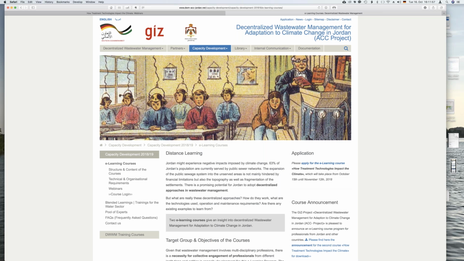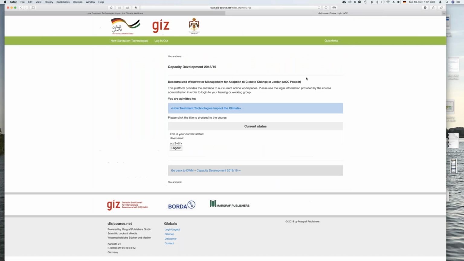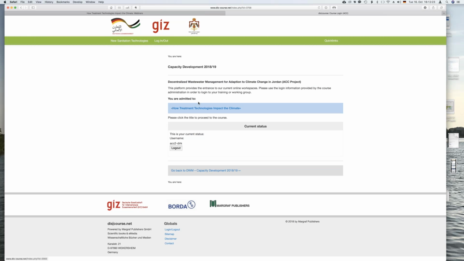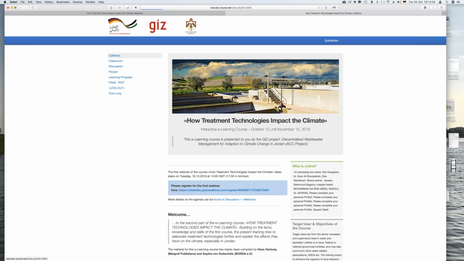Very important, as you can see here on the upper side of the page, is the login. When you click here, you come to the normal login page, and you can add your login here. It always starts with RCC2 and the password, which is individual to you. Click to login, click to Wastewater Treatment Technologies, and you come to the classroom.